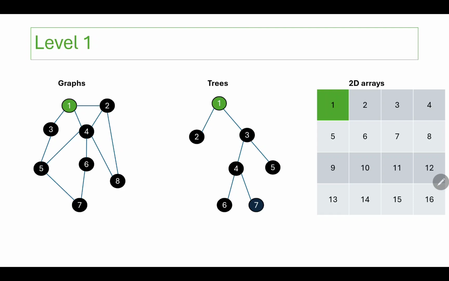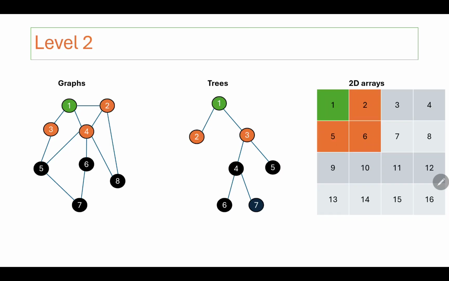Then your level 2 would be any node connected to your level 1 node. So right here, we have the level 2 items. On the graph, it's nodes 3, 4, and 2. These are the only nodes that you can reach from node 1.